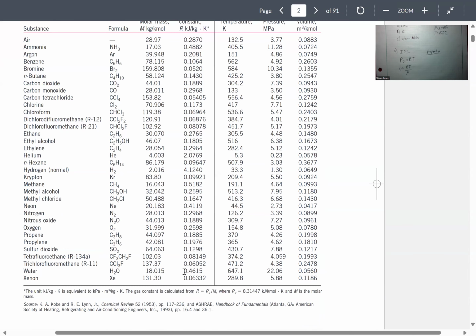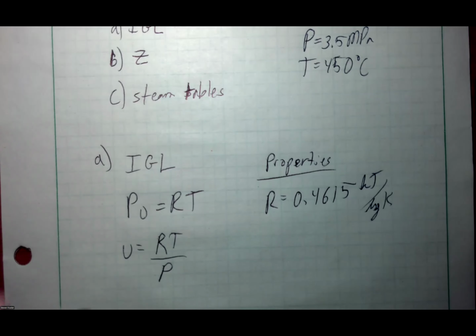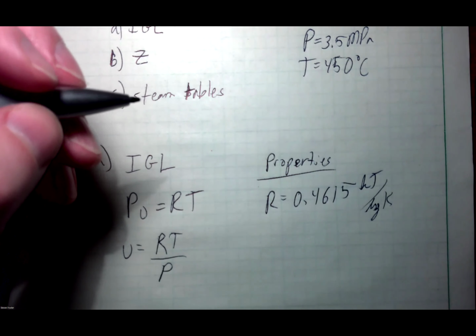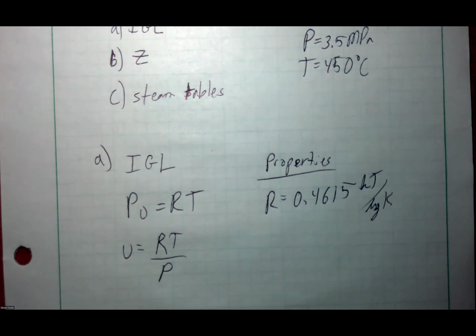Down here, water, the gas constant for water, R, is 0.4615 kilojoules per kilogram Kelvin. Okay, all right. So let's go back to the camera then. And that should be all I need, right?